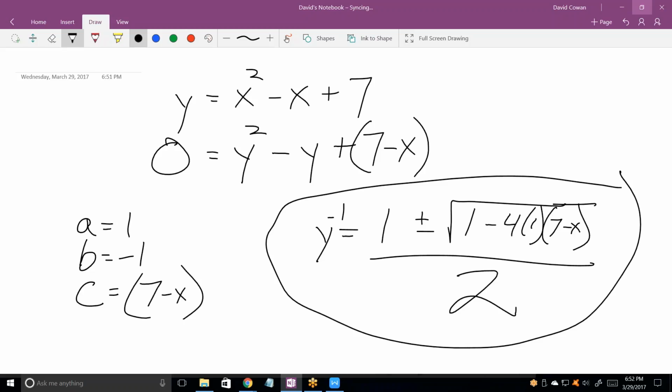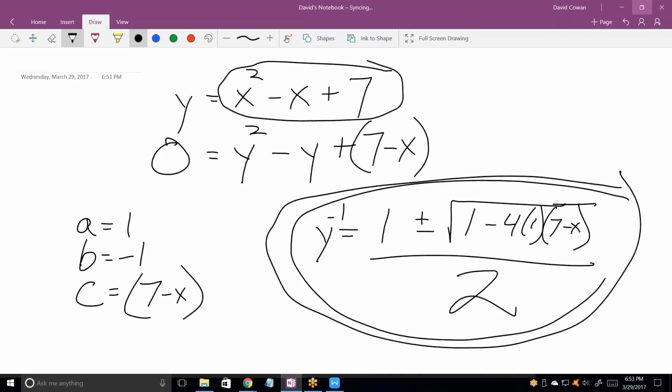So whenever you have an even power in x, it's always going to be hard to solve for y when you switch the variables. And the only way to do it is this rather sophisticated technique where you treat x like it's a number and you combine it with your number, and that becomes c. And that's a perfectly legitimate answer.